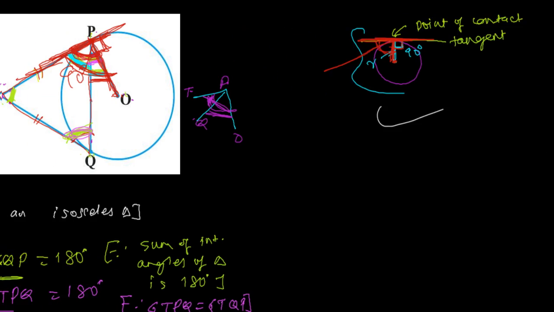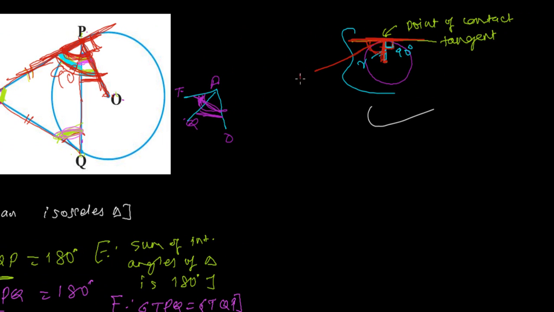So I can write this was our T, this was our P, this was our O. So angle TPO is definitely 90 degree, because in our case it is something like this. The point of contact is here. It's T, it's P, and the center here is O, and another line is here, Q. And this is another point of contact.